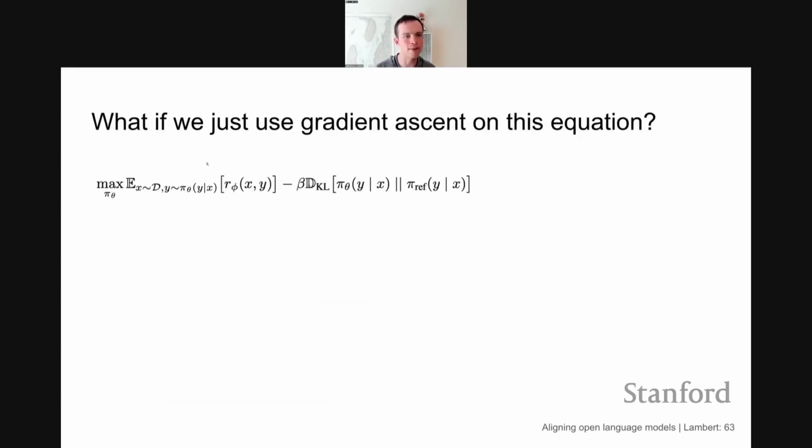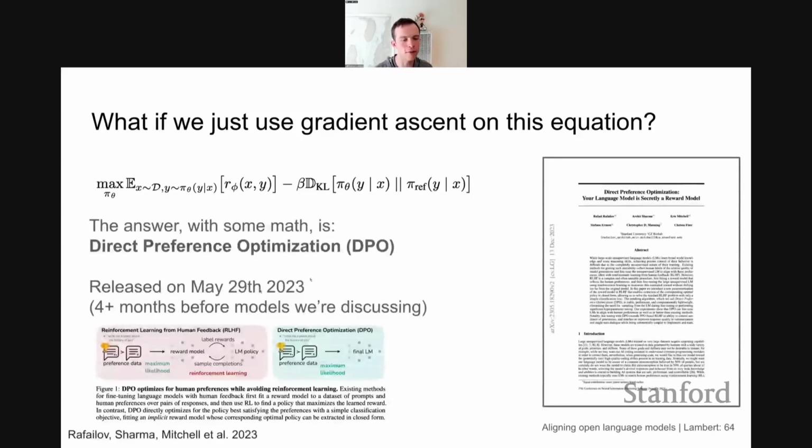So the idea with this equation is, what if we just use gradient ascent on it? Instead of trying to learn a preference model and learn this R, what if we just use gradient ascent directly? This is really what direct preference optimization is doing. There's a bunch of math in here to get what this R is, but this was released back in May. So we've already moved on months ahead.